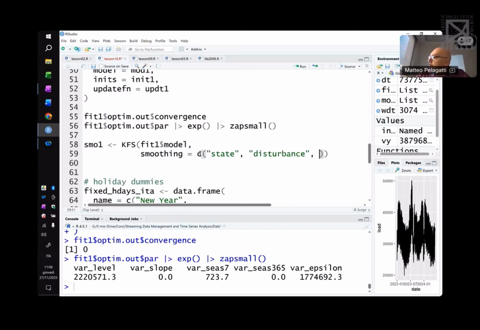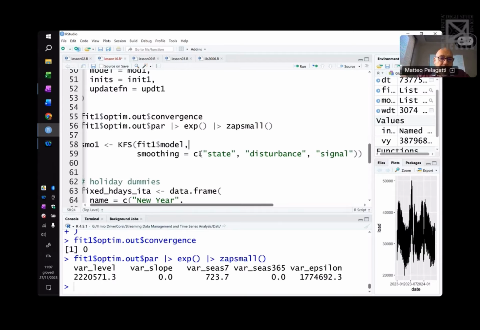And if we want also the observation error smoother, we have to put, I would say, the signal. I don't think we need any filter.